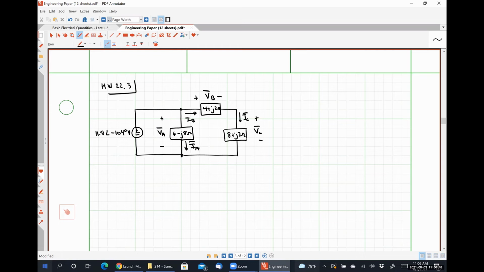How would you guys like to go about solving for any of these 6 quantities? Could you not just go ahead and solve for all the voltages by doing voltage division?